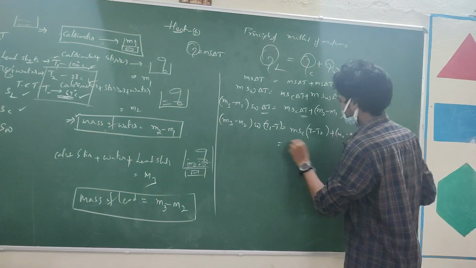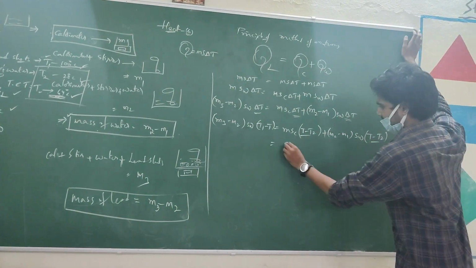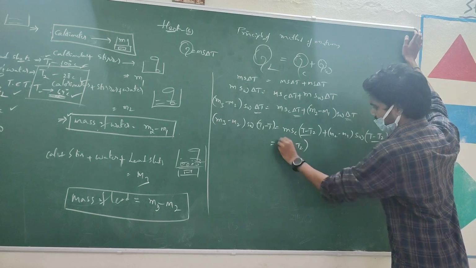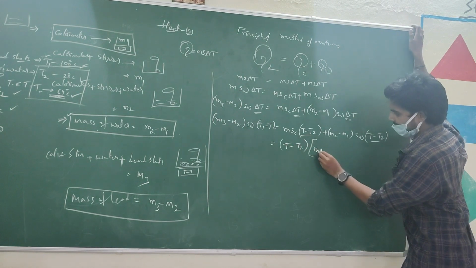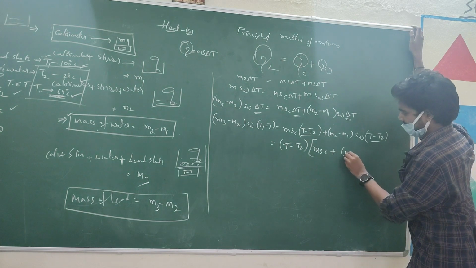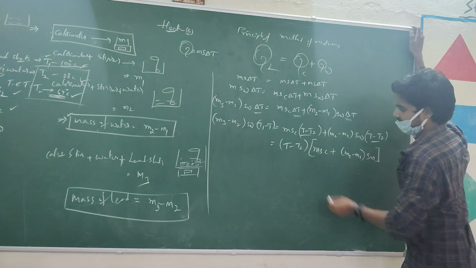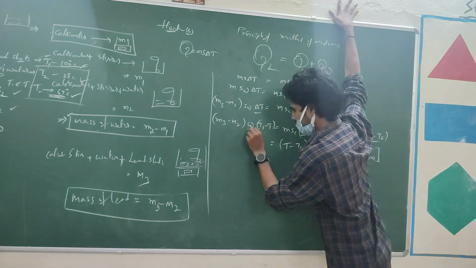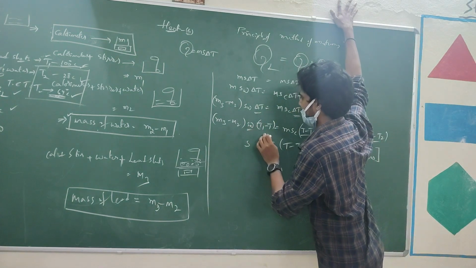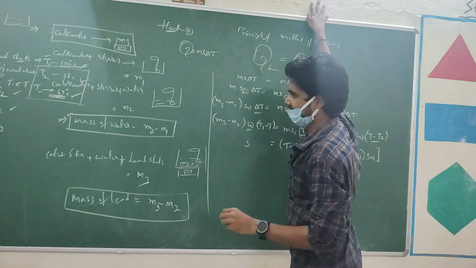Because these two are common, let's take them common: T minus T2 into MSC plus m2 minus m1 into SW. I just wrote SL here, because the specific heat of lead shots is SL.